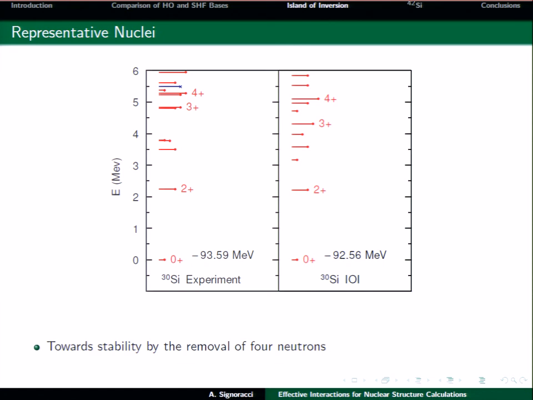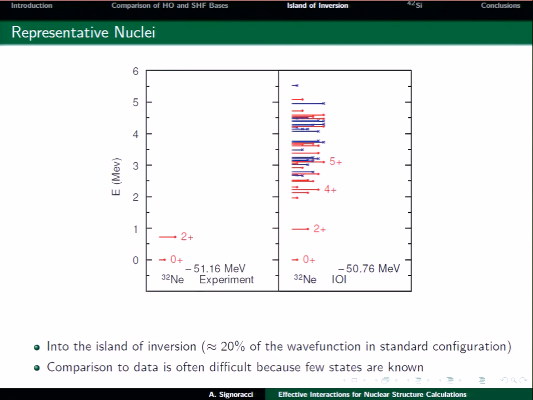This is for a stable isotope, which is in the model space, but it's not in the island of inversion region. So when we go to the island of inversion region, one of the problems is that these are very exotic nuclei. There's less data. So for instance, neon 32 is in this region, but only a 0+ and a 2+ state are known, and these are reproduced relatively well.